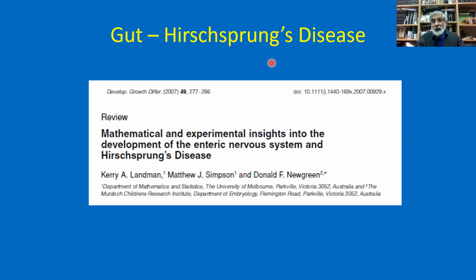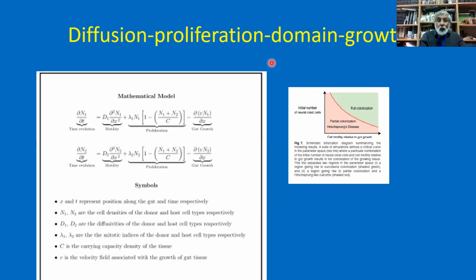It's natural to think that if these cells aren't reaching the end of the domain, there must be something wrong in their movement. What they did was develop a mathematical model, essentially building on the classical Fisher equation for cell movement. In the Fisher equation, movement depends on diffusion, but also on proliferation.